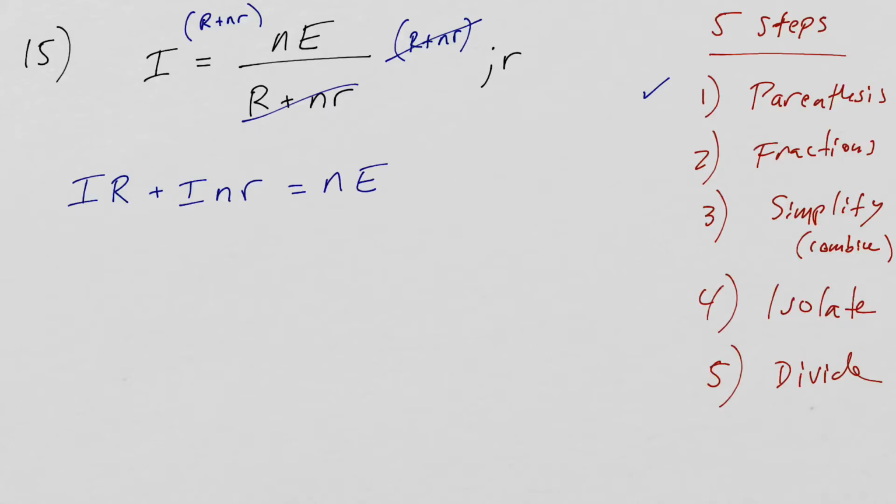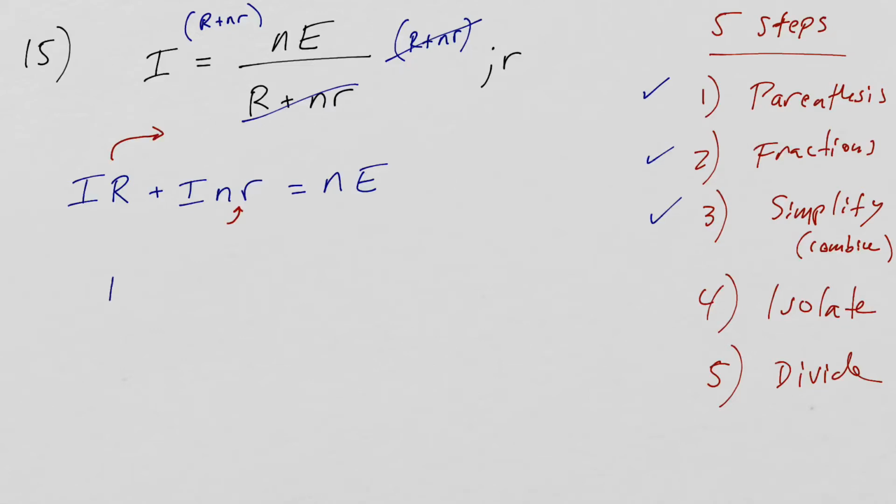Now, that's the fraction. The simplify, meaning combining like terms, we can't do that. There's nothing to combine. Isolate. We want to isolate the term that has the variable in it that we're trying to solve for. We're trying to solve for this, so we're isolating this term by moving this term across the equals, and that's going to be a subtraction.